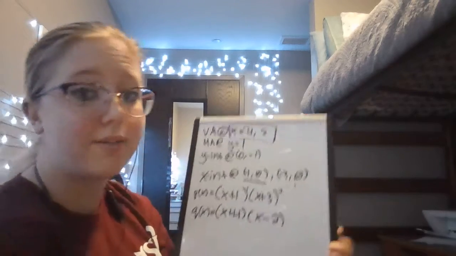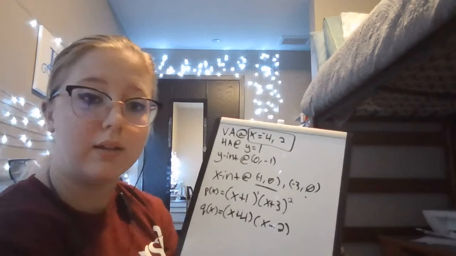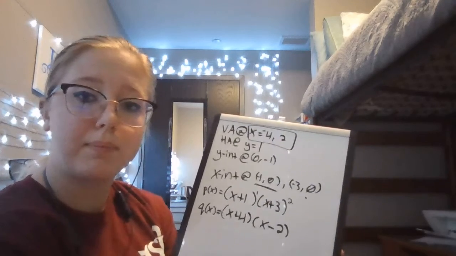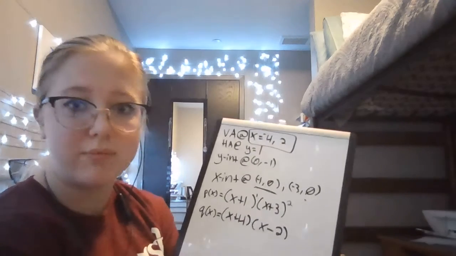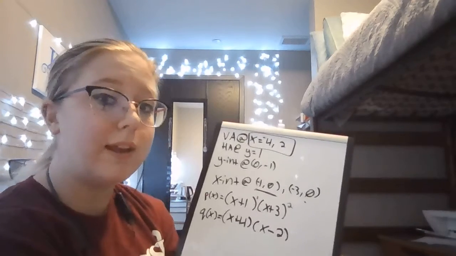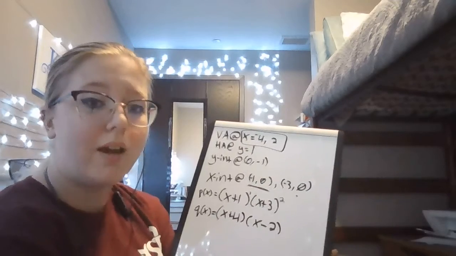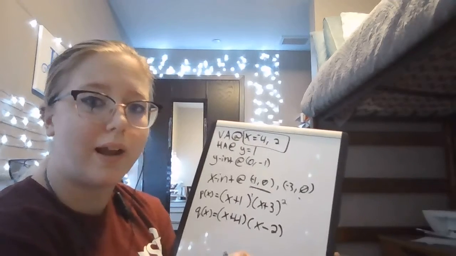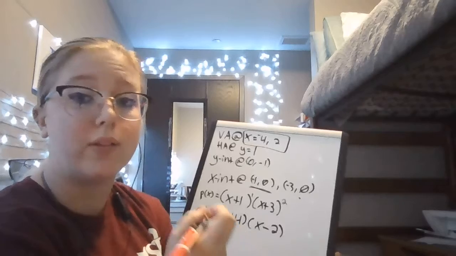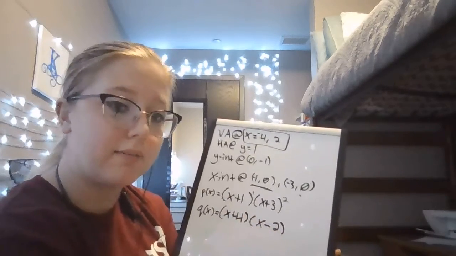When you have that, you can actually tell what the exponent is. If it's an even exponent, it has them the same on both sides. If it's odd, it goes to negative infinity on one side and positive infinity on the other.